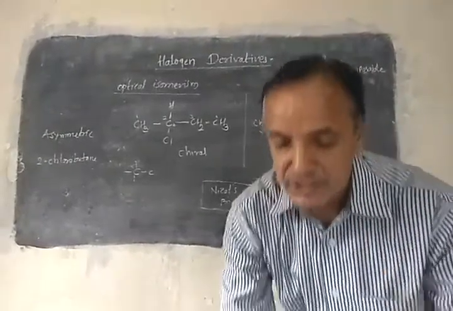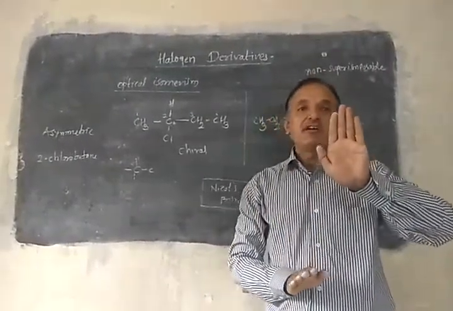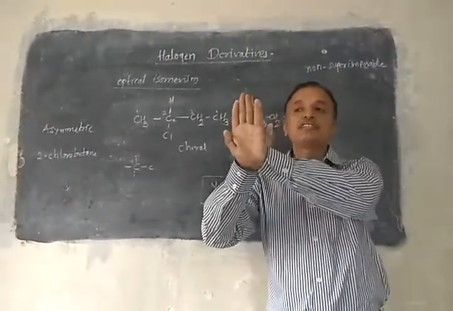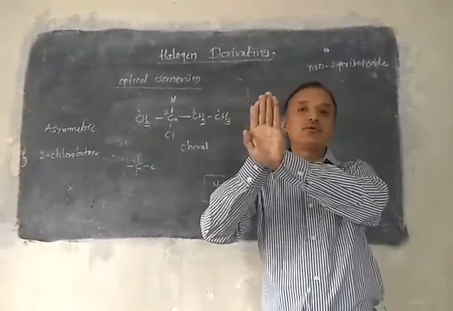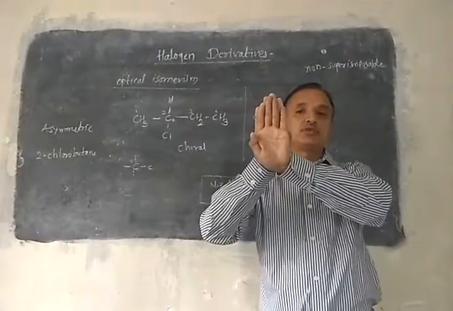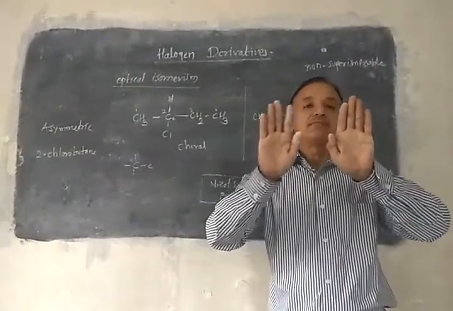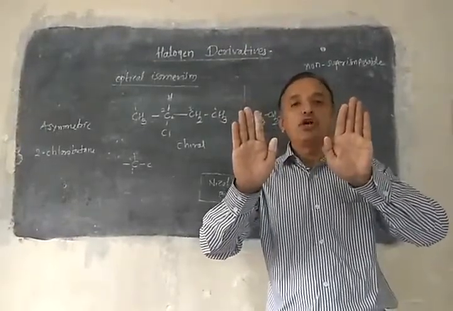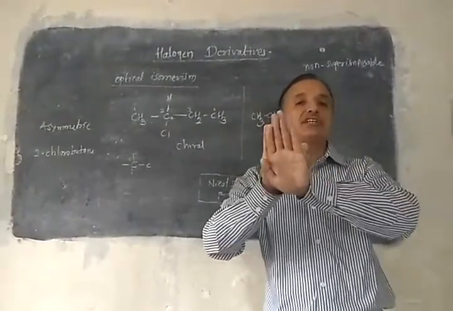Suppose we see our palm in the mirror, it looks like this. If you try to keep one above the other, they do not fit each other. One palm is the mirror image, and both are non-superimposable images of each other.